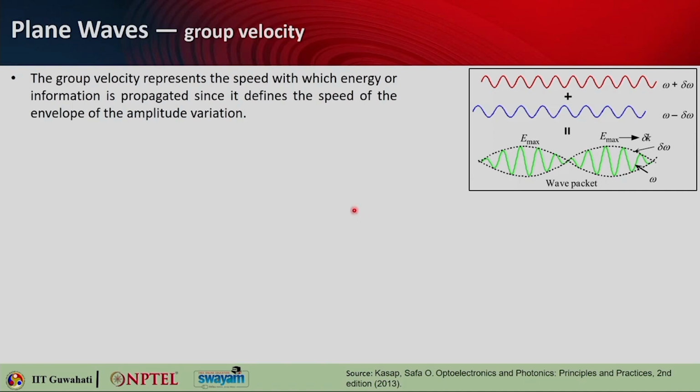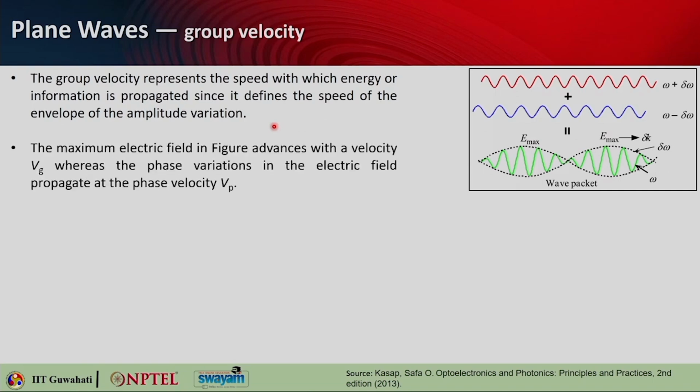Now the group velocity represents the speed with which the energy or information is propagating, since it defines the speed of the envelope of the amplitude variation. The maximum electric field, Emax, advances with a velocity of Vg, whereas the phase variation in the electric field propagates with a phase velocity of Vp.